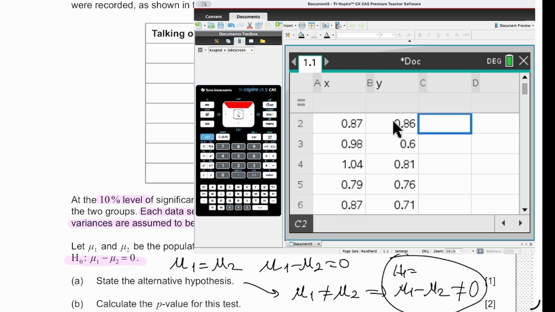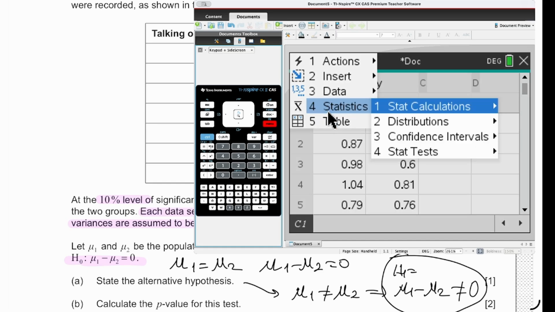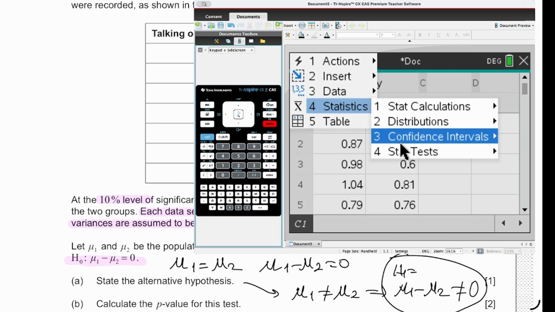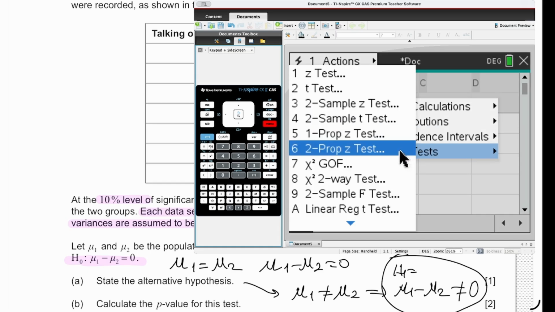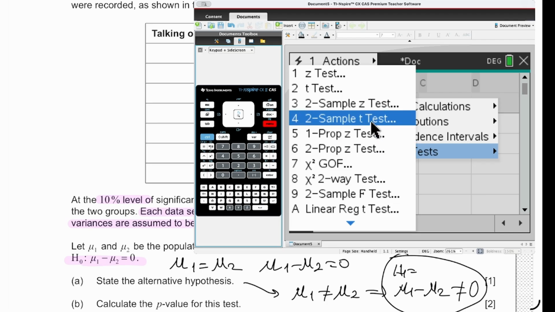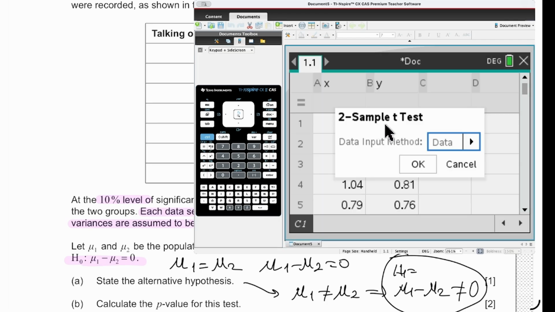Then we go to the top, then go to menu, then statistics. We're gonna do a t-test, but we have two samples, right? Because we have X and Y. We have data, because we entered data already.